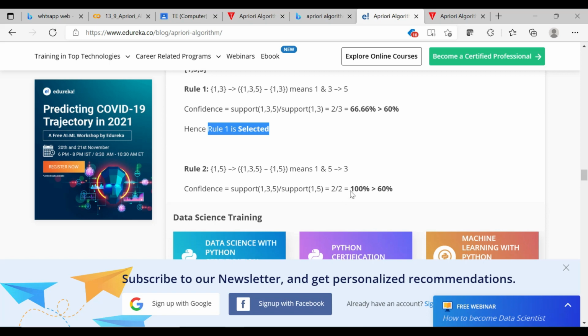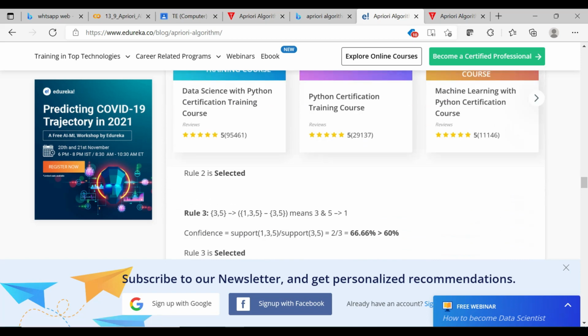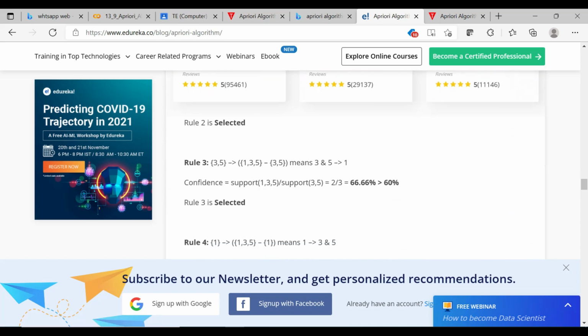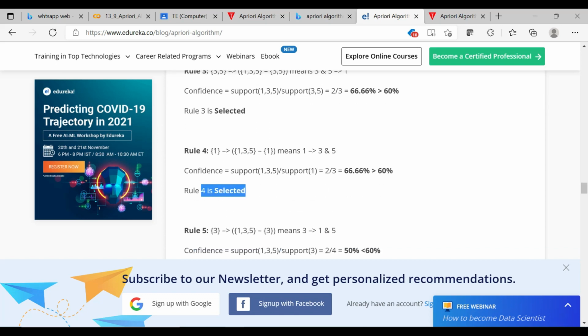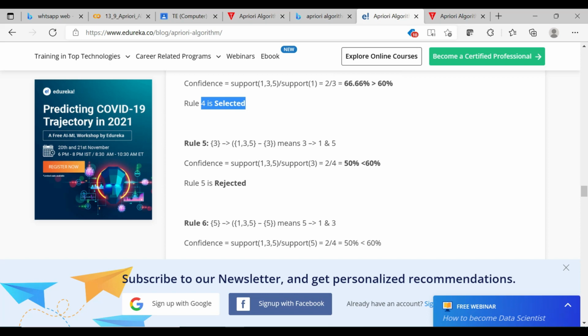Similarly, for rule number 2, the confidence is greater than 60. That's why rule number 2 is also selected. In a similar way, rule number 3 is also selected. Rule number 4 is also selected, but rule number 5 is not selected because the confidence is less than 60.